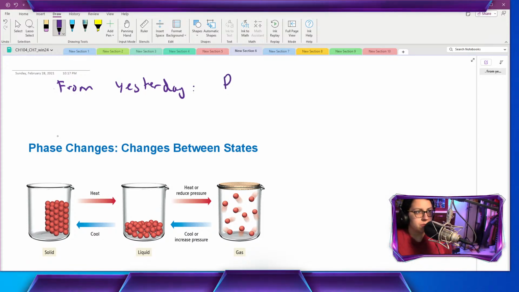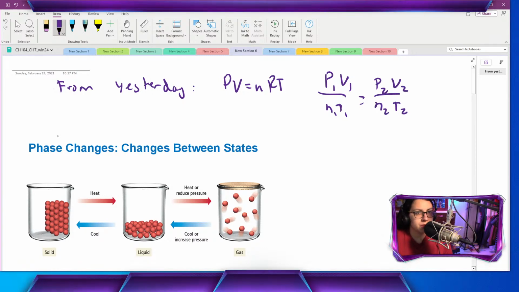So we have our PV equals nRT, and we had all our variables for that. And then we saw that we could throw it into that other form, P1 V1 over N1 T1 equals P2 V2 over N2 T2. And so on Monday, we were just focusing on gases.